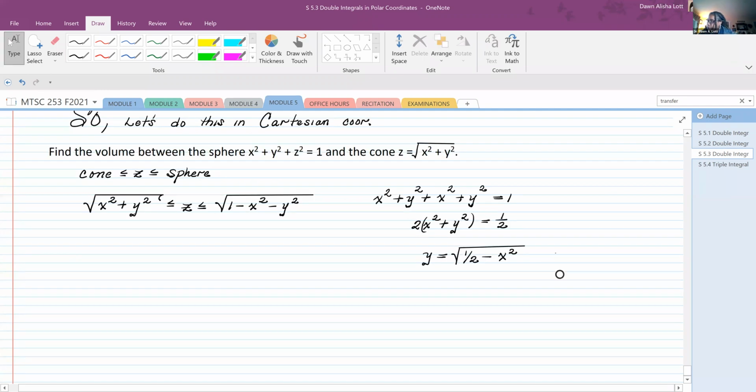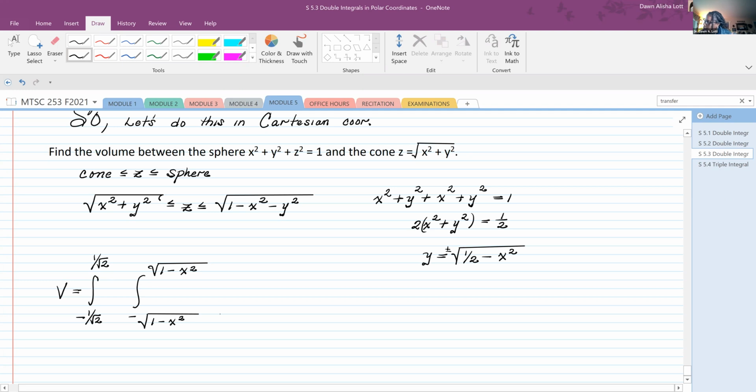So therefore your volume: x is going to go from negative 1 over the square root of 2 to positive 1 over the square root of 2. y is going to go from the bottom half of the circle, which is negative square root of 1 minus x squared, to the positive square root of 1 minus x squared.